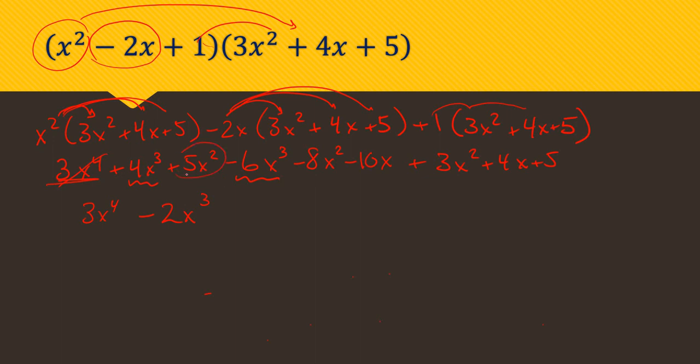X squareds, 5x squared minus 8x squared plus 3x squared. 5 minus 8 is negative 3, plus 3 is 0. I don't have any x squareds left. Negative 10x plus 4x, negative 6x, and my lonely 5 at the end. So it's a lot of work. You got to keep track of your terms, watch your signs, and that's it for the lesson.